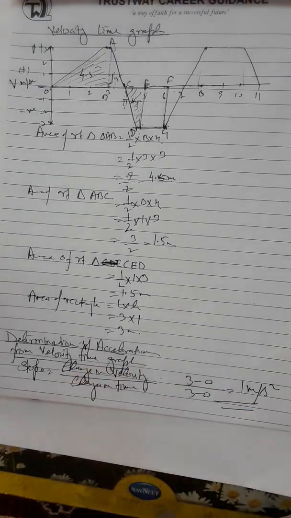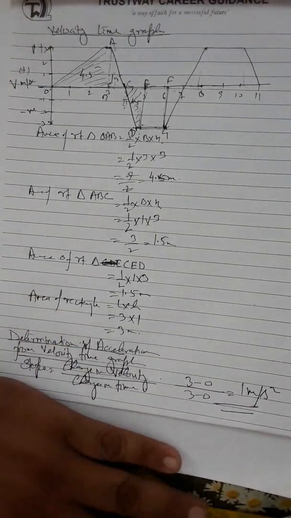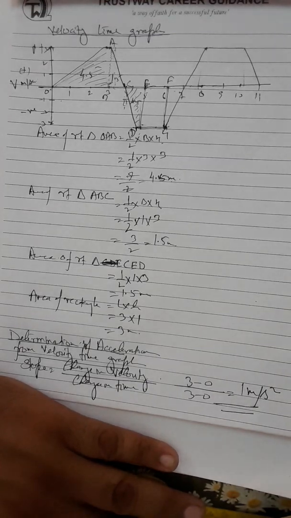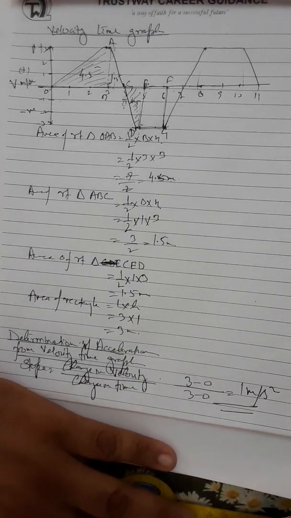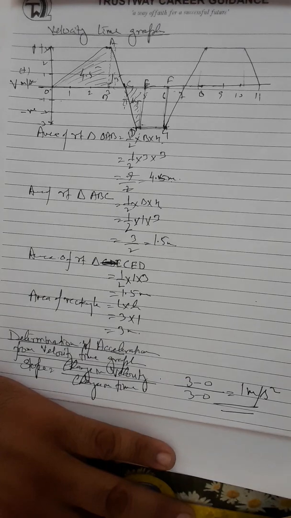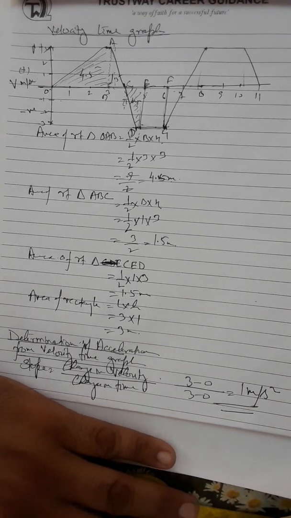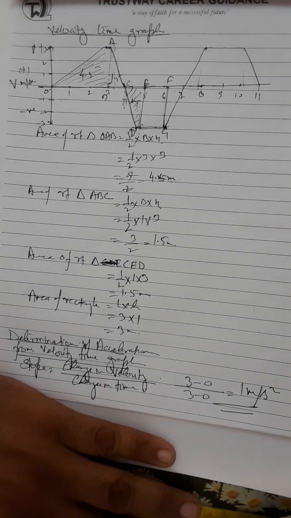Read all these examples on page numbers 40, 41, 42 and 43. Up to page number 42 is before the article on acceleration time graph, so go through it. Acceleration time graph we will discuss, then we will do the problems. Clear?